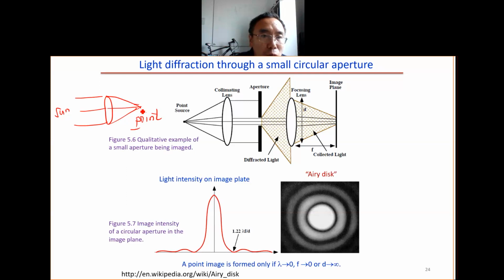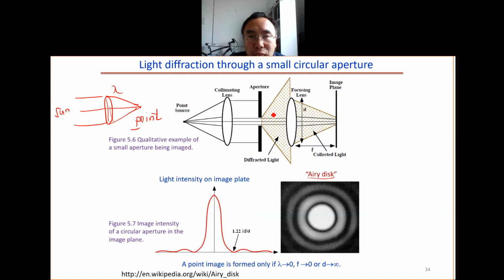It is actually something like this. The features here depend on the size of the lens, how big the lens is, and also depend on the wavelength. So you can see this is the intensity profile of this Airy disk. This is the light intensity at this focal point.